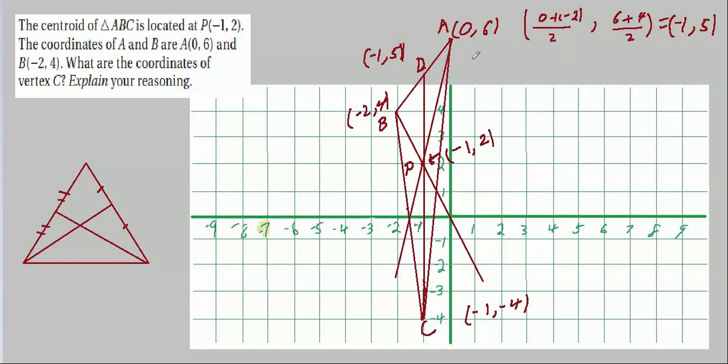Of course, you had to remember what a median was. That's from the vertex to the midpoint of the opposite side. And then you had to remember the fact that the centroid breaks your median up into sections of 1/3 and 2/3. So, remember a few important facts, and you got the whole thing real easy, I guess.